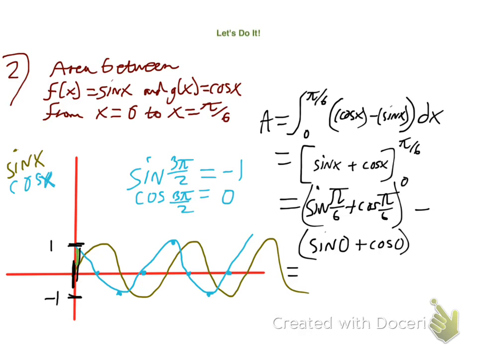Sine of pi over 6 is 1 over 2, and cosine of pi over 6 is square root of 3 over 2. Sine of 0 is 0, and cosine of 0 is 1.